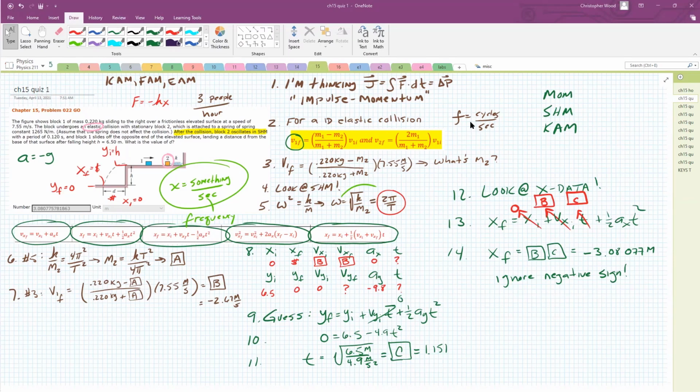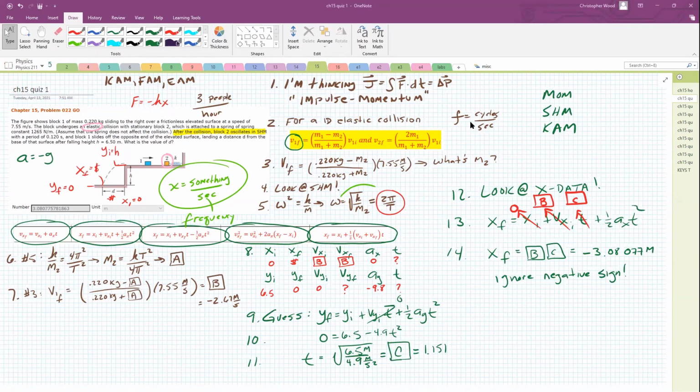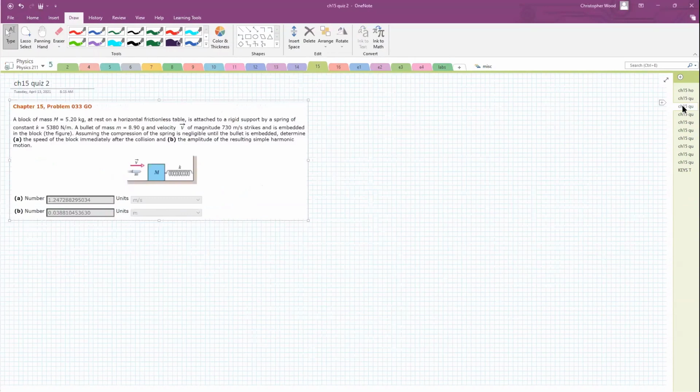Chapter 15, quiz 2 is hopefully problem 33. Okay. Similar kind of problem, different enough to be beneficial.